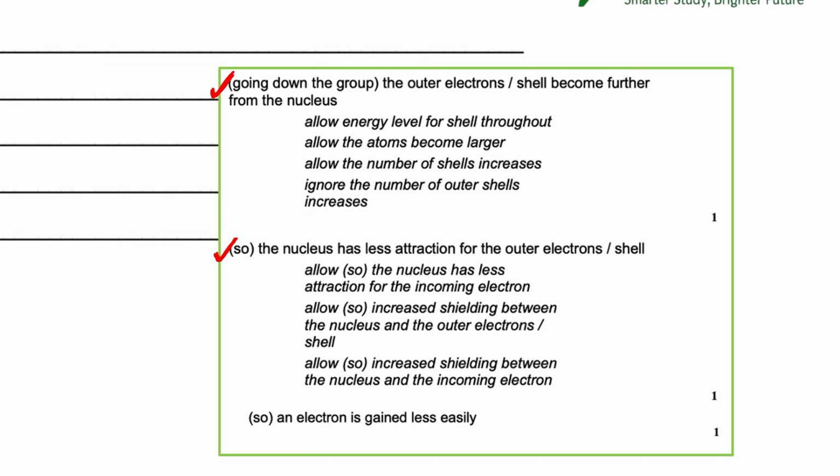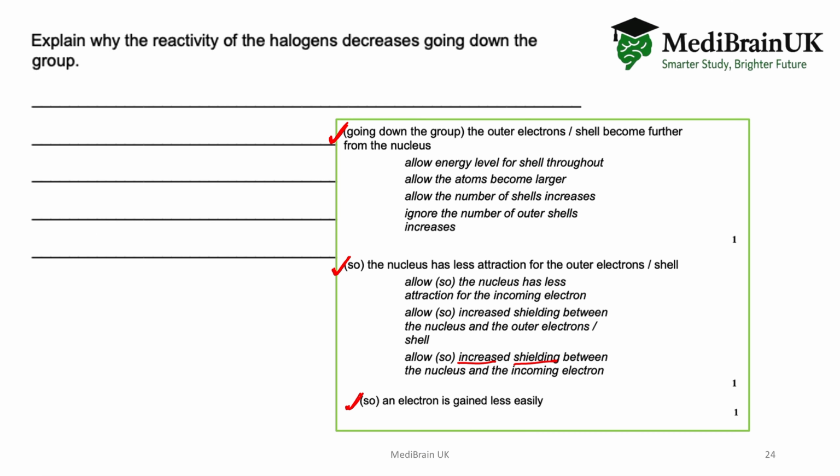That's what we also said. You could also talk about shielding here, increased shielding between the nucleus and the incoming electron. And the third mark comes by saying an electron is gained less easily. It is harder to gain that electron, so it's stable and has a full outer energy level.